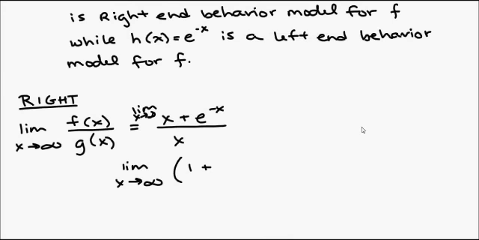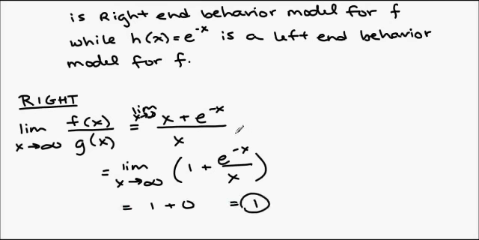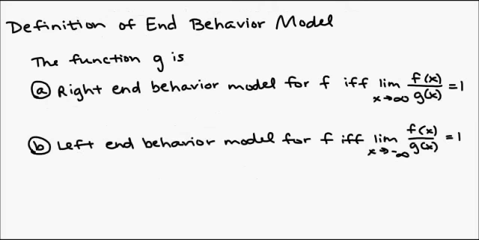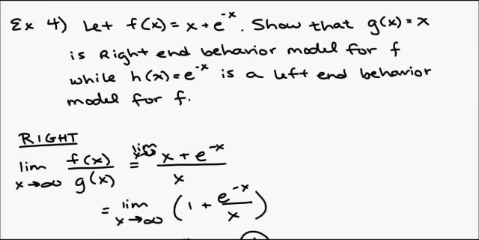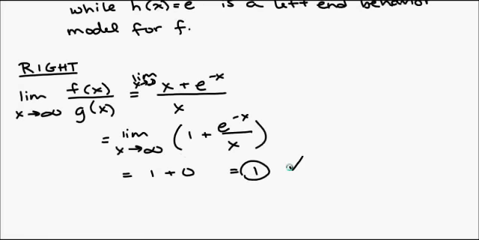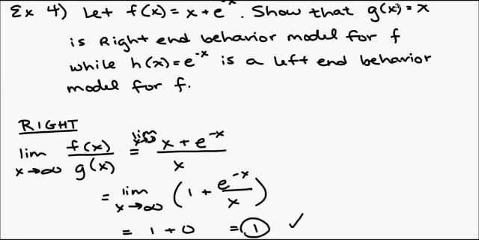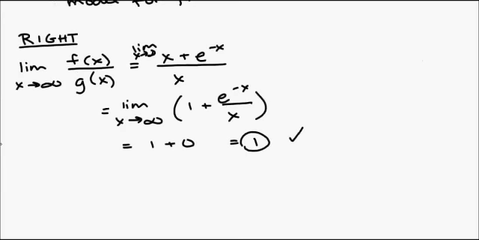So that will be a 0 as x goes to infinity. So we get 1 plus 0, and we have a 1. So remember that for this to be the right end behavior model, this should equal 1. It does equal 1, so that checks out. So the right hand of the graph, as you zoom out, will look like y equals x.